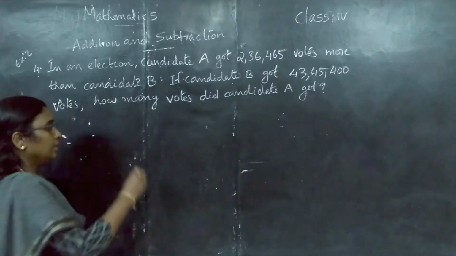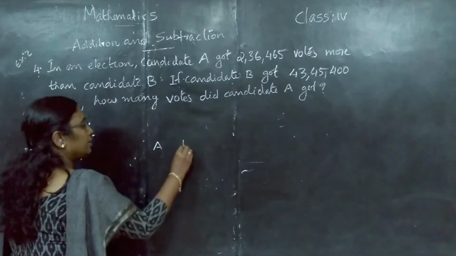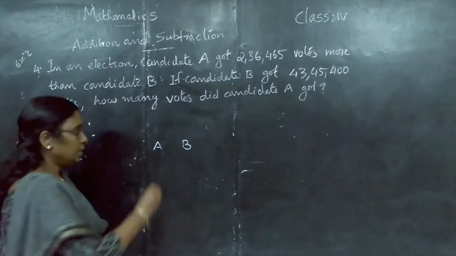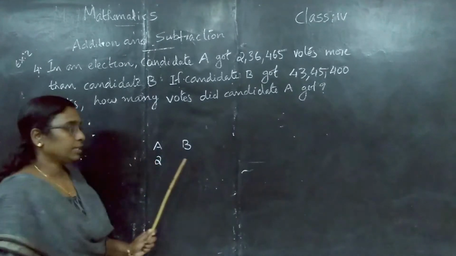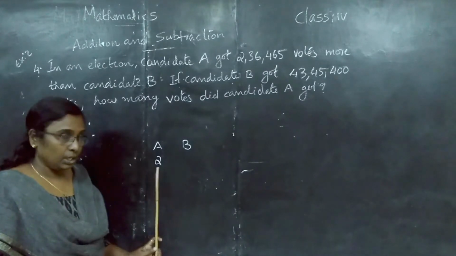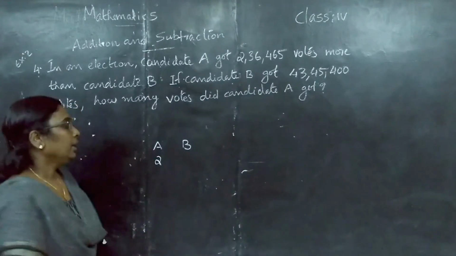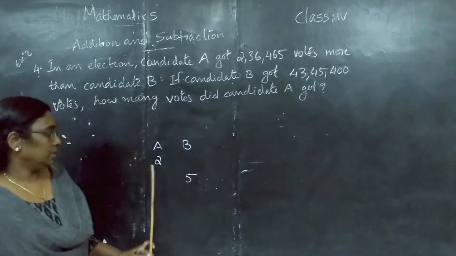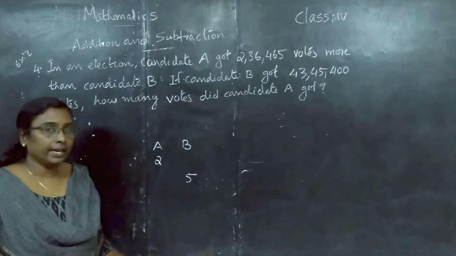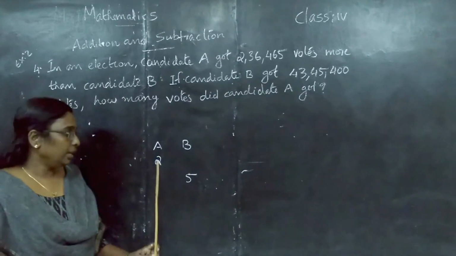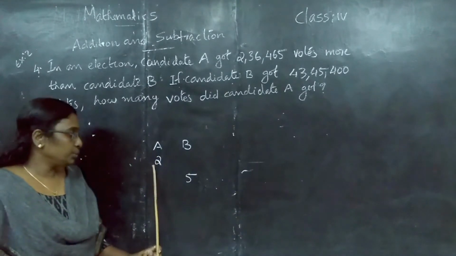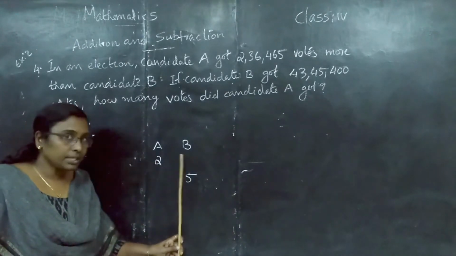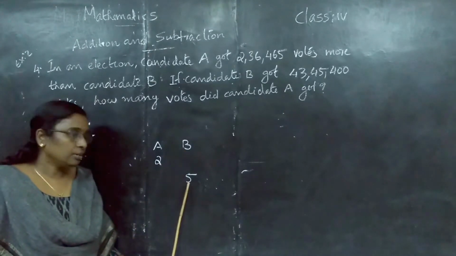Okay, listen here. There are two candidates A and B. If A gets 2 votes more than B and B got 5 votes, how many votes did A get? Once again, A got 2 votes more than B, but B got 5 votes.